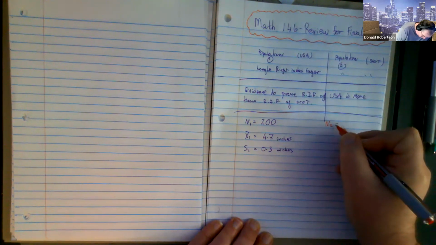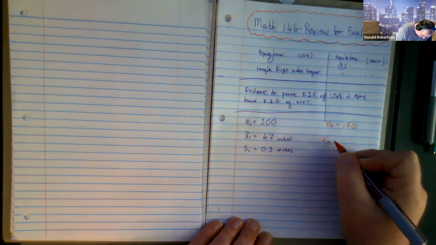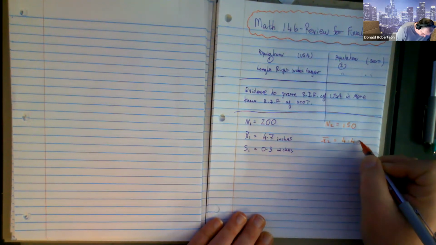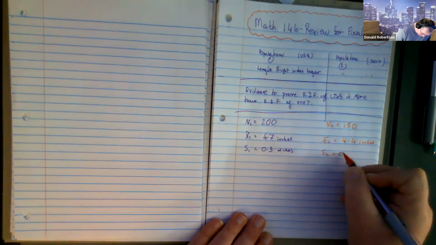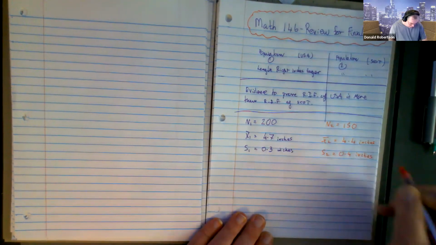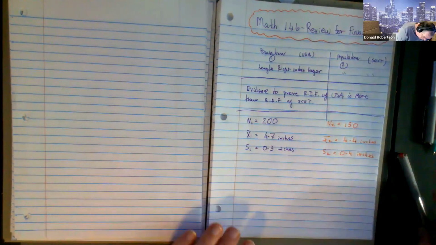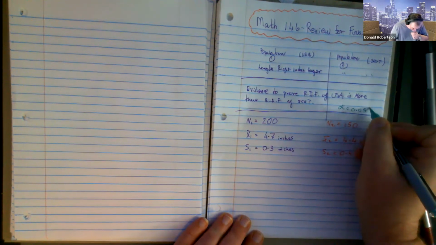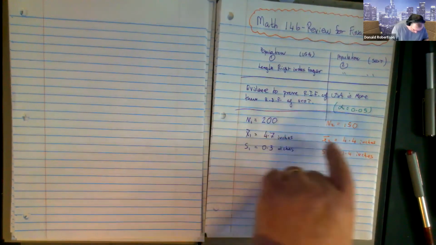Let's say it's 150 of them, and the mean is 4.4 inches, and the standard deviation is 0.4 inches. We are going to test whether there is evidence to prove that Americans' fingers are longer than Scots people's, at a significance level of 0.05. So that's what we're trying to prove, and this is the evidence we've got right now.